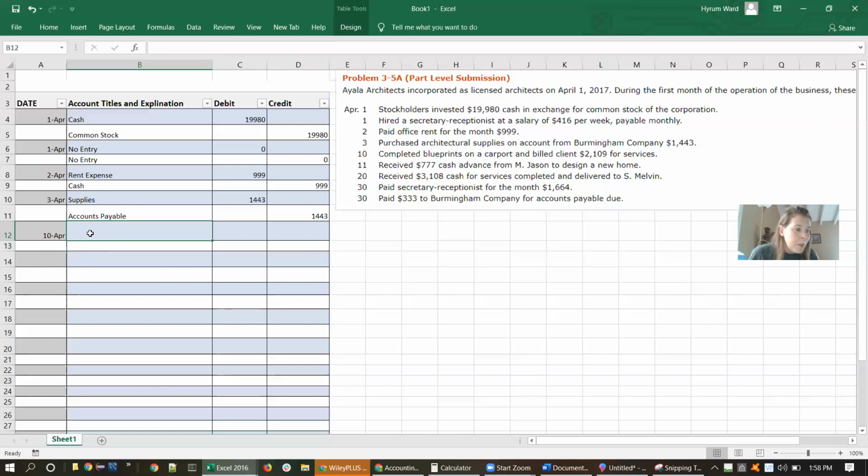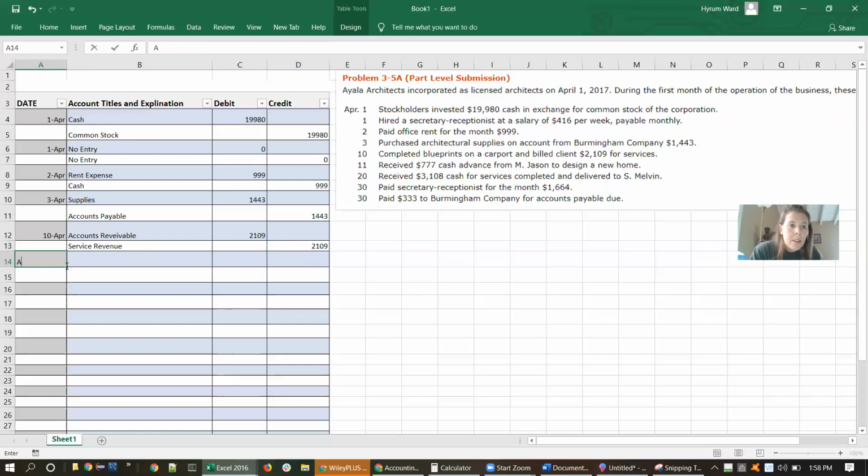And so we just billed them, so that becomes an accounts receivable, for the debit amount of $2,109. And then we've already done the service, so we put it under service revenue and we credit that for $2,109.